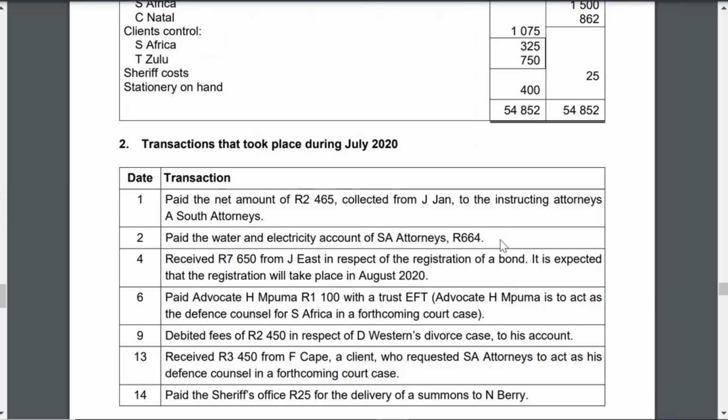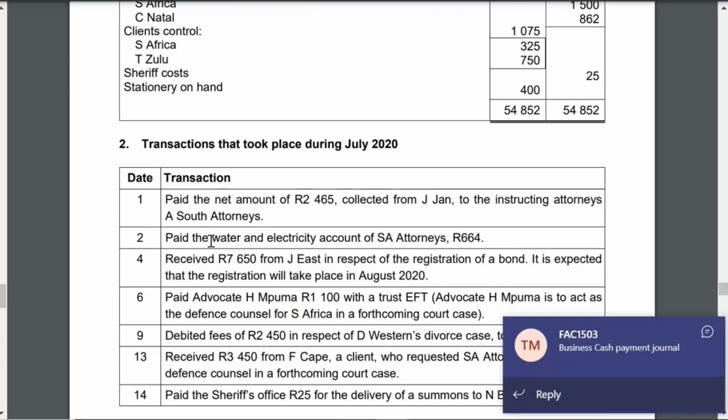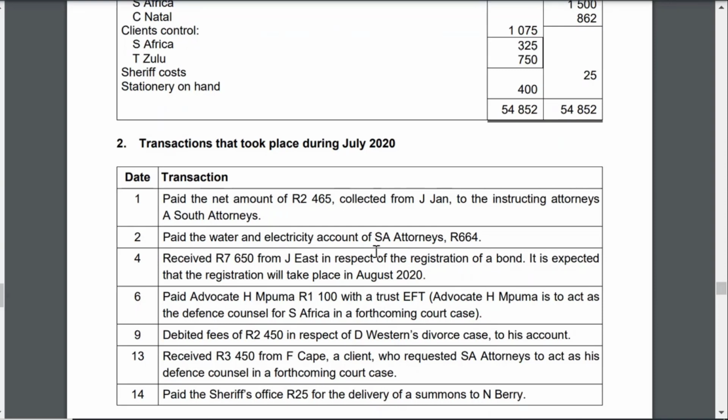My question is, where would you record that transaction? In which books of first entry? Tepiso is saying business cash payment journal. Bali is saying business cash payment journal. I think most people are saying business cash payment journal.